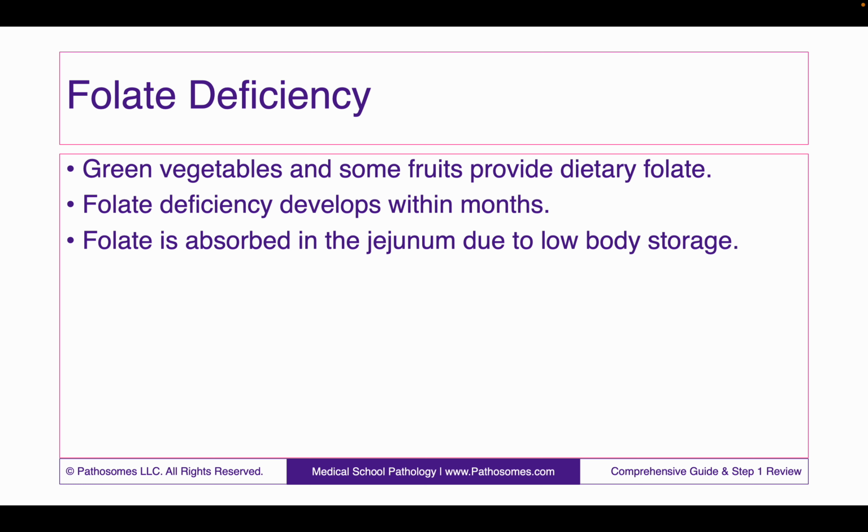Green vegetables and some fruits provide dietary folate. Folate deficiency develops within months, right? The body can go for months until it's folate deficient to a pathologic level. Folate is absorbed in the jejunum due to low body storage.